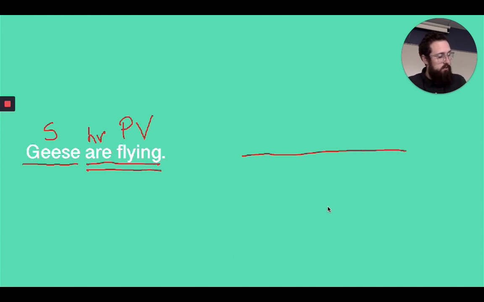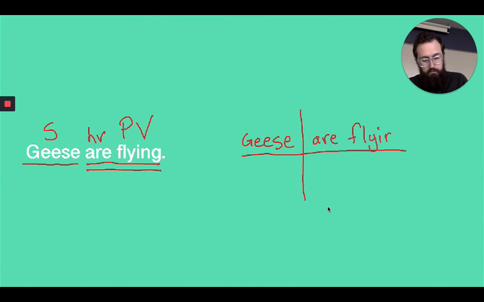I'm going to write the subject, geese, and then put a vertical line down. And then I'm going to put whatever my predicate is, are flying, to the right side of that, so I can see there's a clear separation. Geese is my subject, are flying is my predicate. Okay. Let's look at another one.